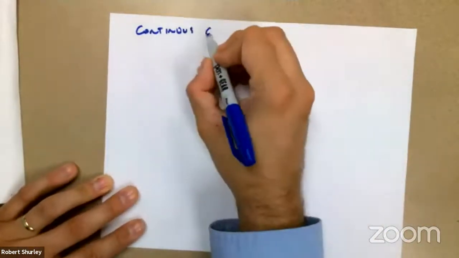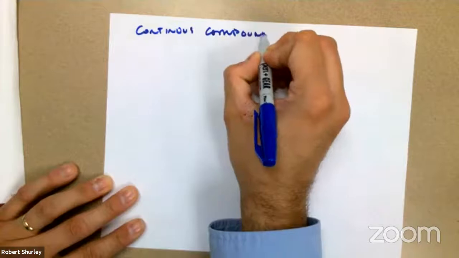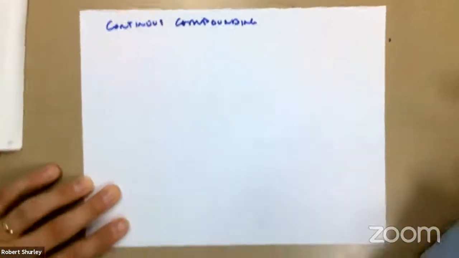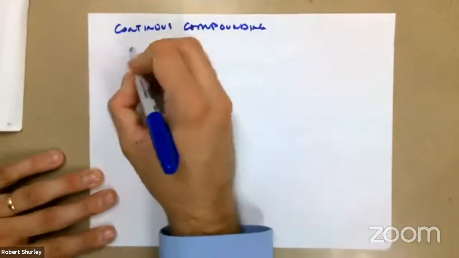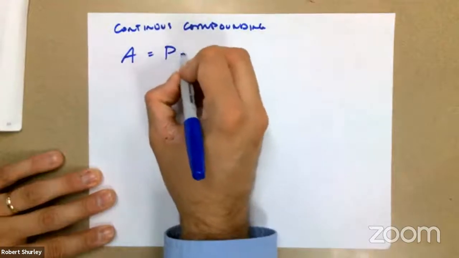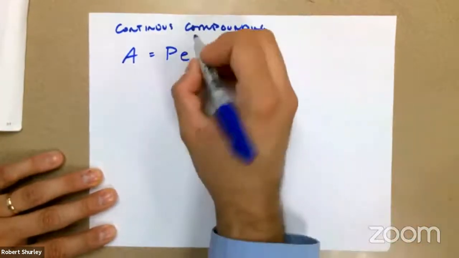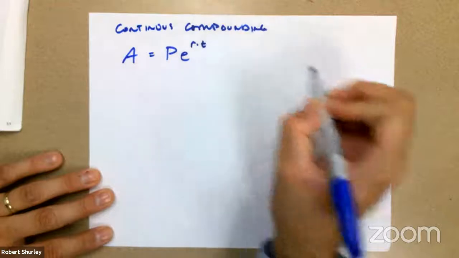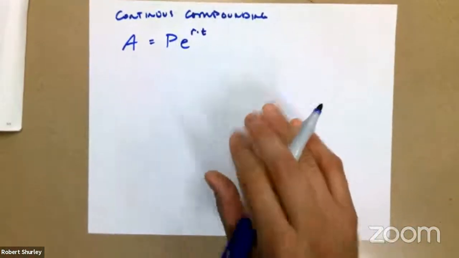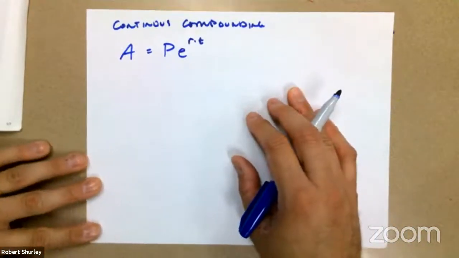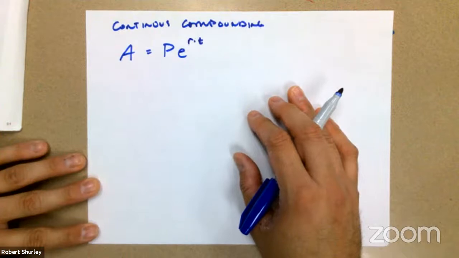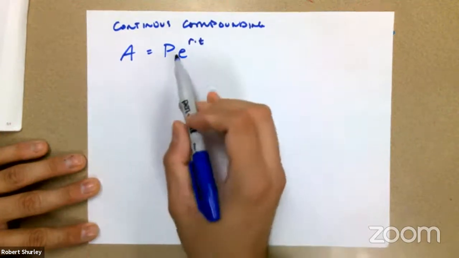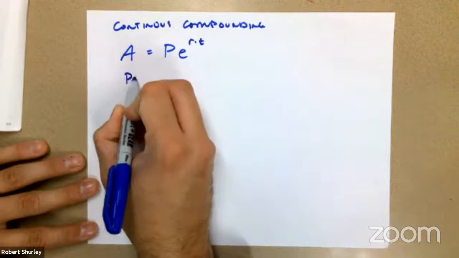So for continuous compounding, it's going to be A equals P, that's that base e, raised to the r times t. And the P, r, and t are the same. P is our principal.